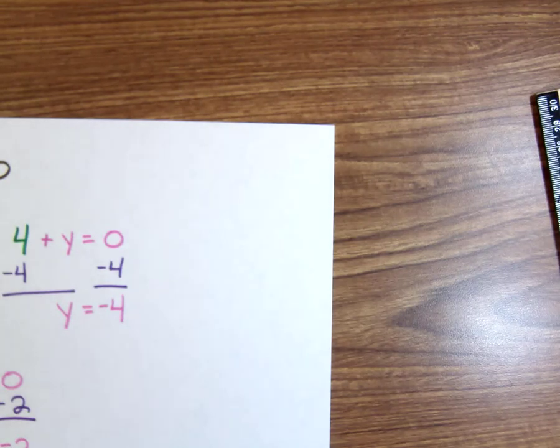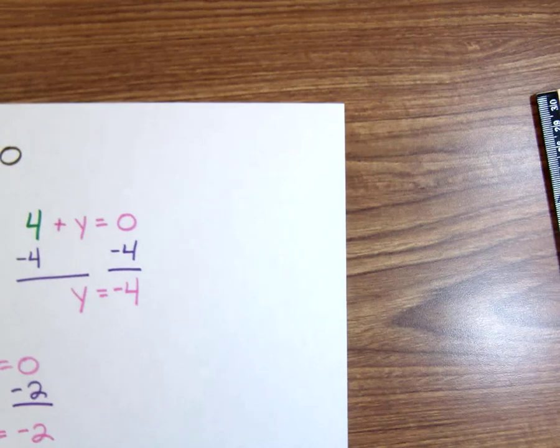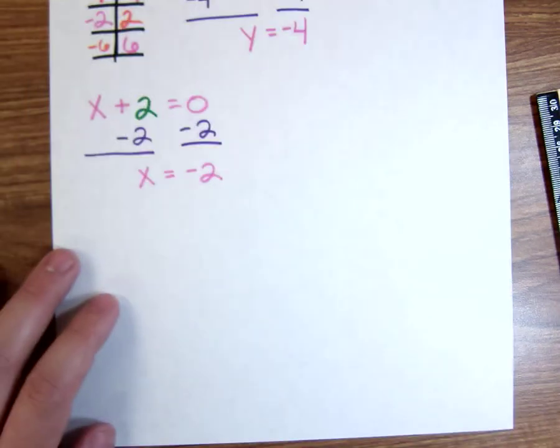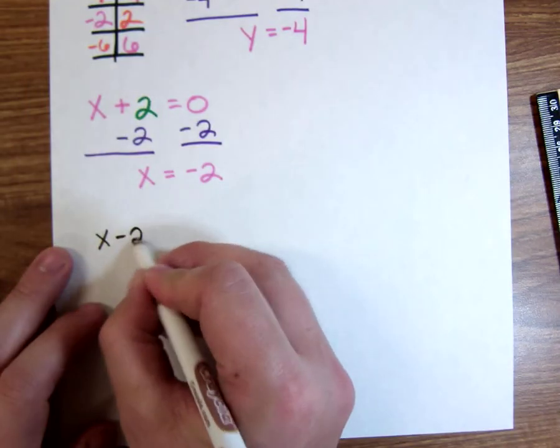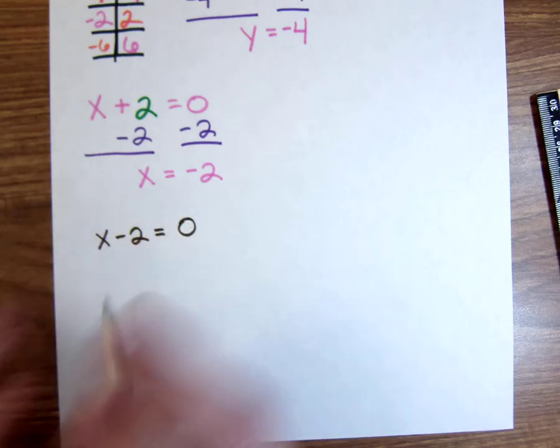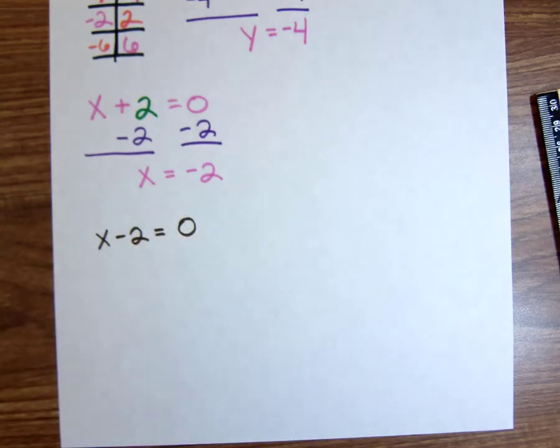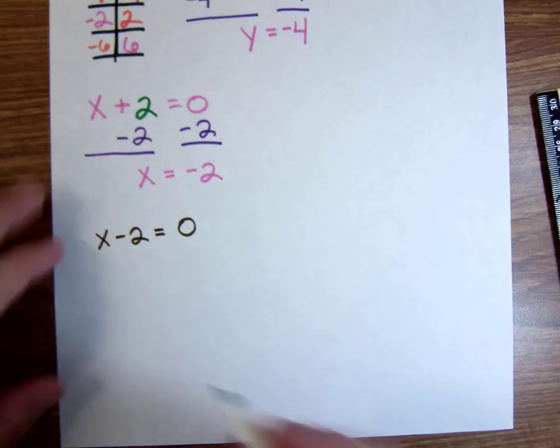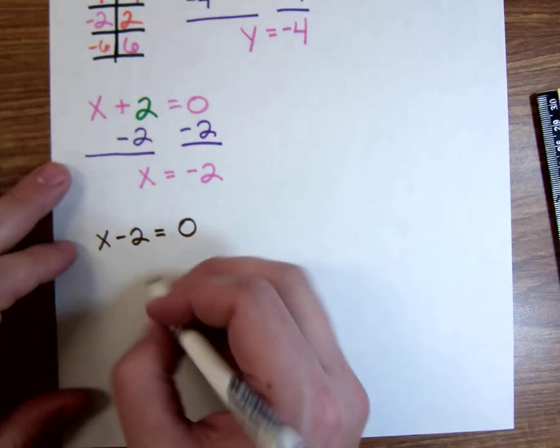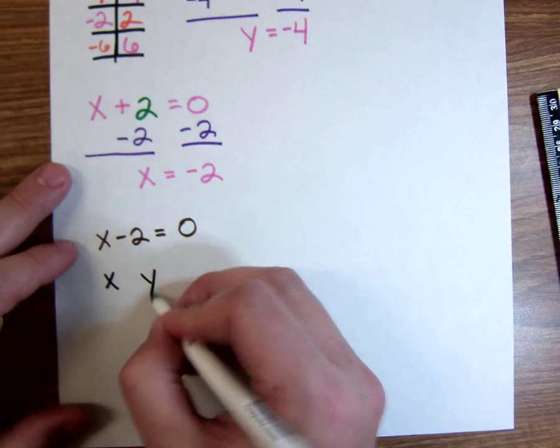All right. I want to give you kind of a weird one. That turns into y? Where's the y? That's a good question. Well, we're still going to make our t-chart here.